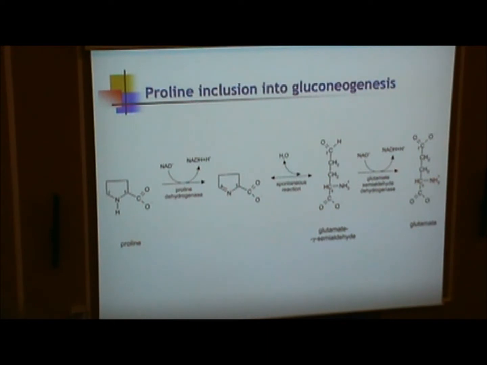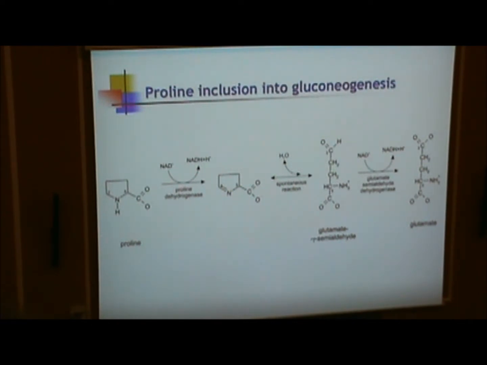The next glucogenic amino acid is proline. Proline is submitted to the action of proline dehydrogenase, oxidized with participation of NAD+, which converts into NADH plus H+.